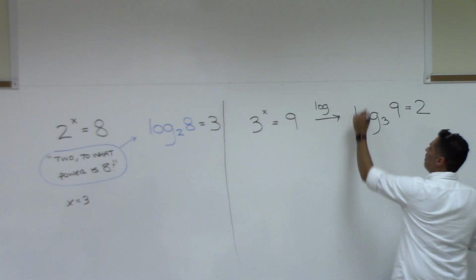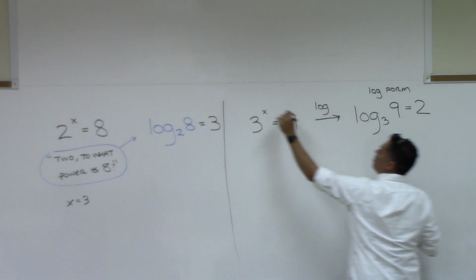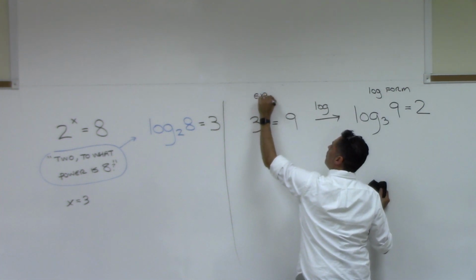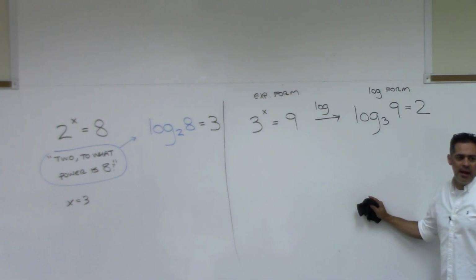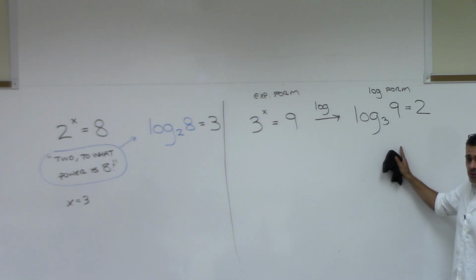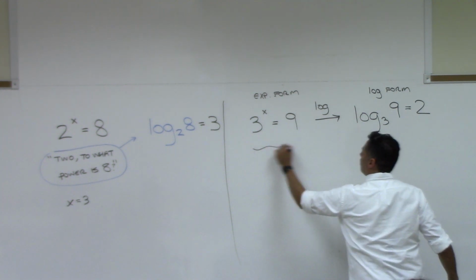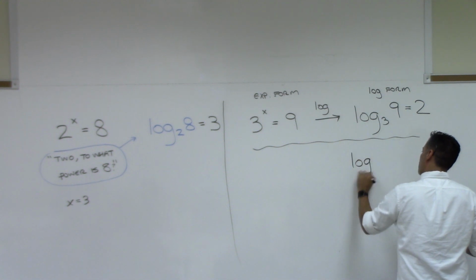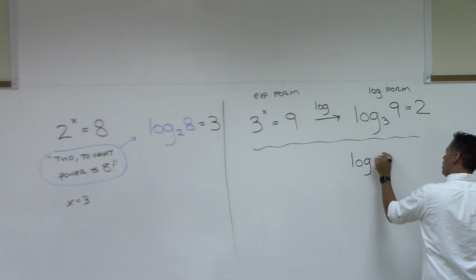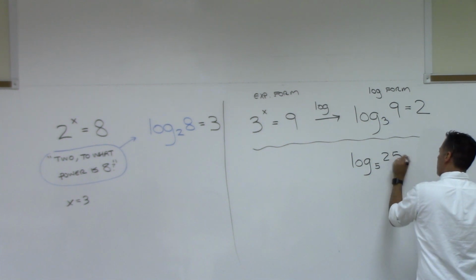So this over here is called the log form, and this over here is called the exponential form. I'm going to try something different now. I'm going to give you the log form, and I want you to write the exponential form. New example. What if I write log base 5 of 25?